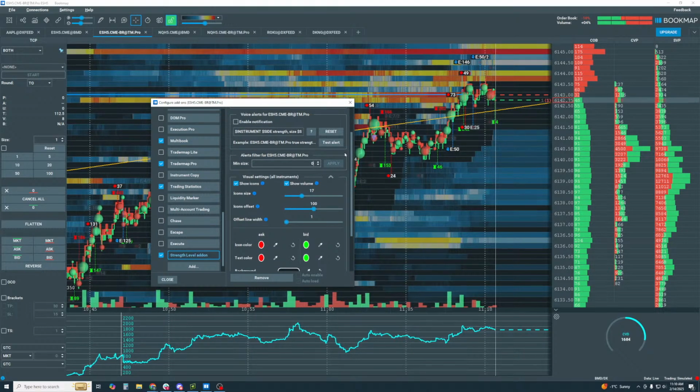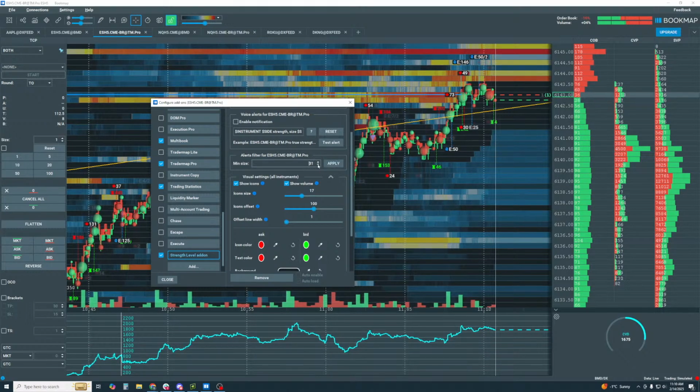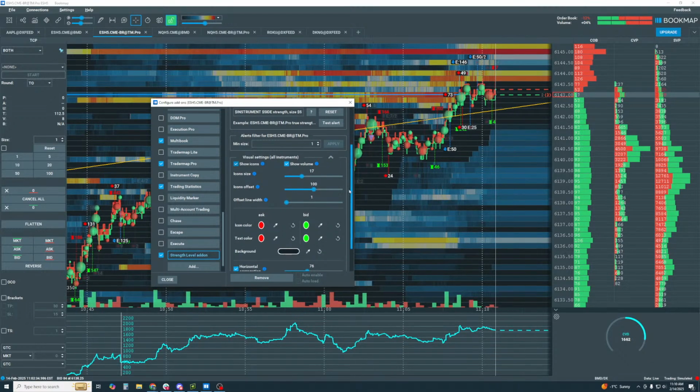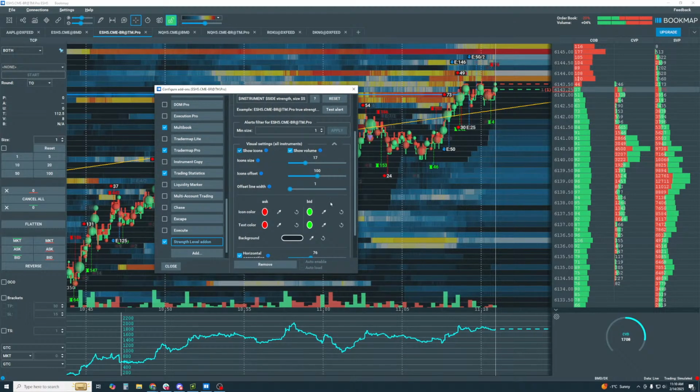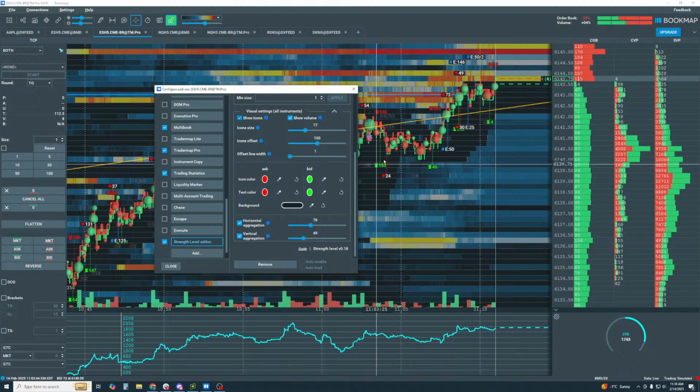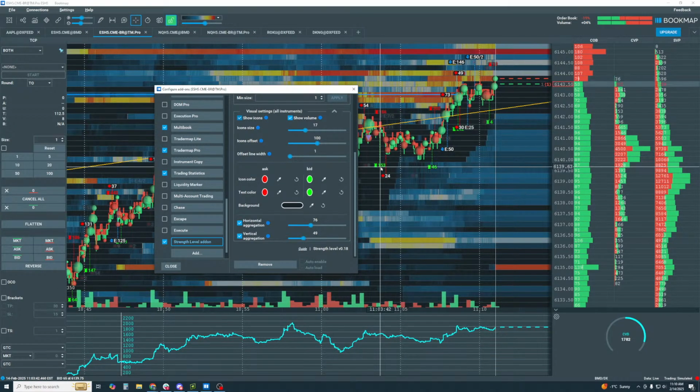Right, so let's go back here. This is really nice, the way they put in these sliders in here for aggregation. Let's define them.